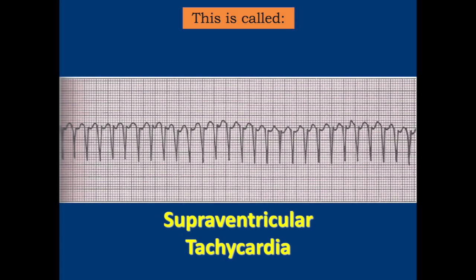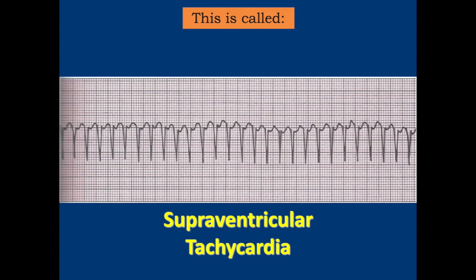This is supraventricular tachycardia. So this is going to be started in the area above the ventricles. It can be an electrical stimulus, not necessarily the sinus node, but some other errant tissue, and it goes into a rate of just suddenly into the 270s, the 250s.